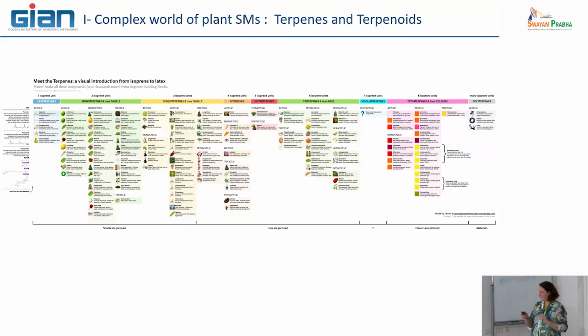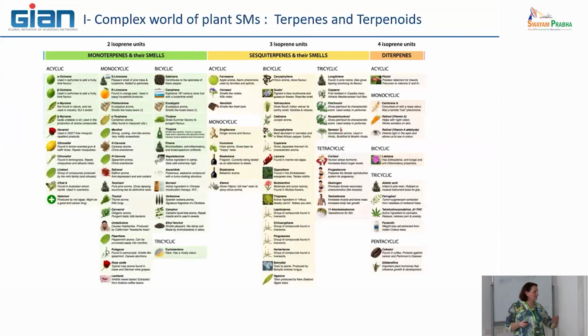This is a zoom, for example, where for each type of terpenes, from monoterpenes to polyterpenes, you have the list of the plants that are able to produce specific ones. And here you have also the particularity of their structure, which is very important, and for each category you have this type of description.